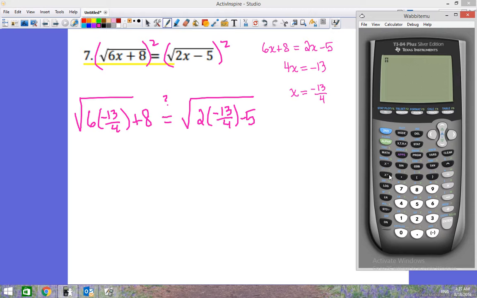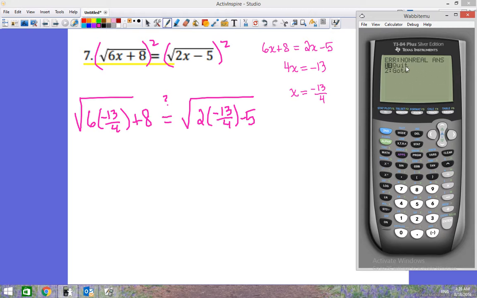So if I had put it in, it's hard for me to see even up close that blue shading there. I'm expecting the calculator to tell me some type of domain error. There we go. Non-real answer.